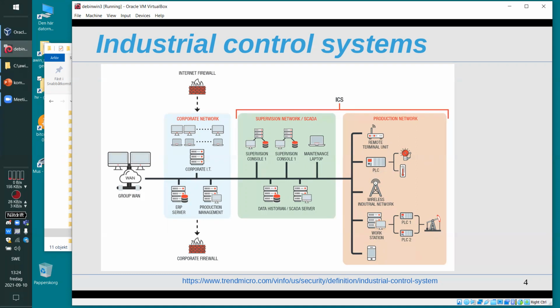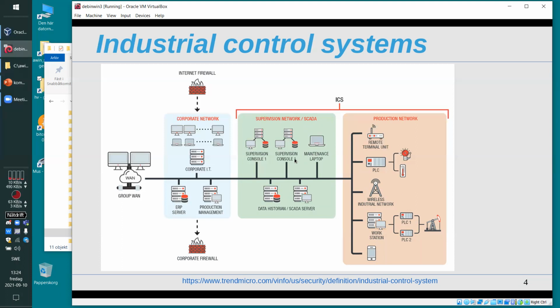But it's both ways. So you can typically control stuff. You can press a button here maybe to shut down the factory and things like that. So that's the supervision and control network.